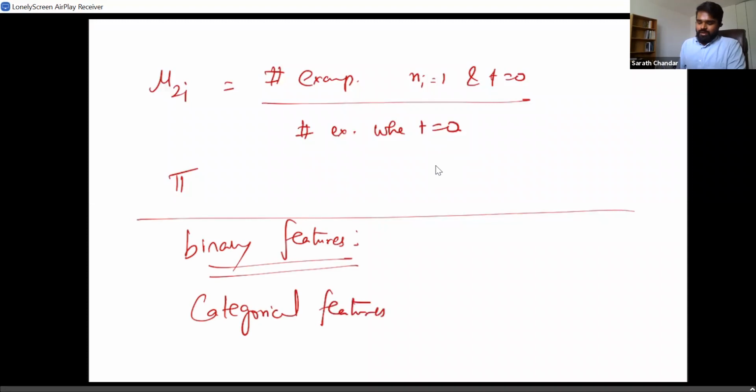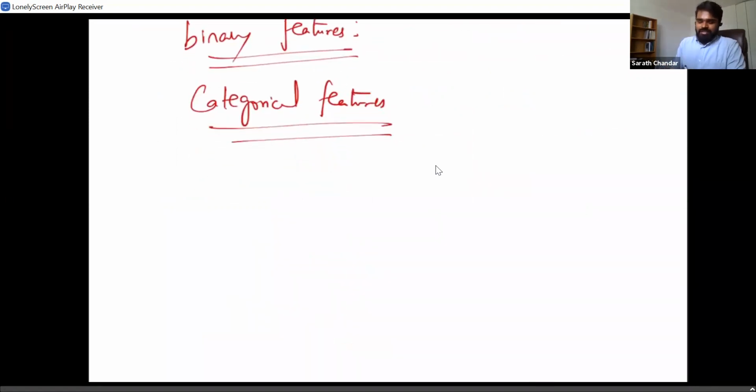The moment you move to categorical features, you could do the same derivation, and you will see that the parameters are going to be the frequency of occurrence of each of these categories in the given class.